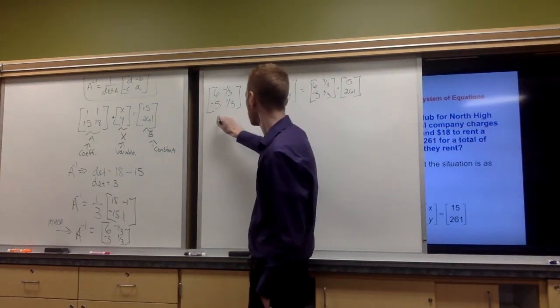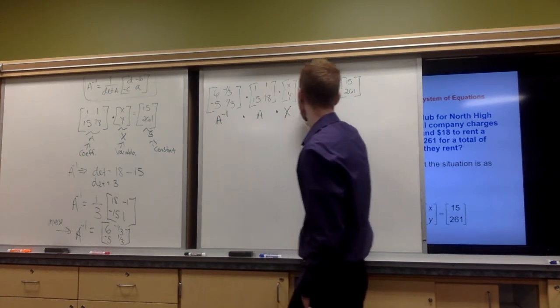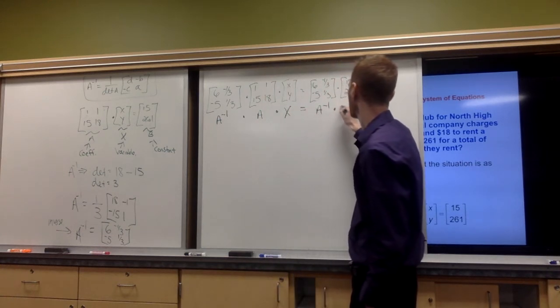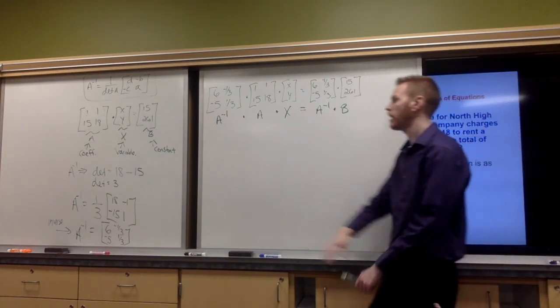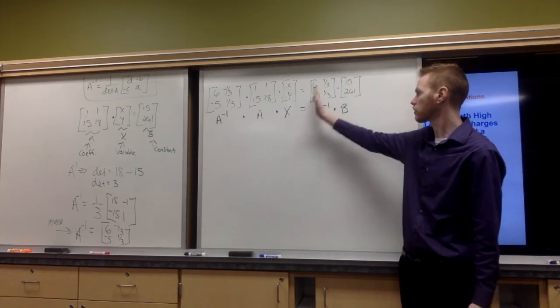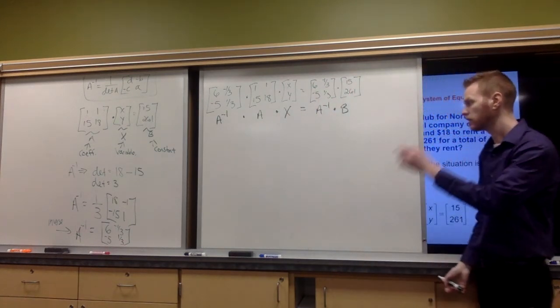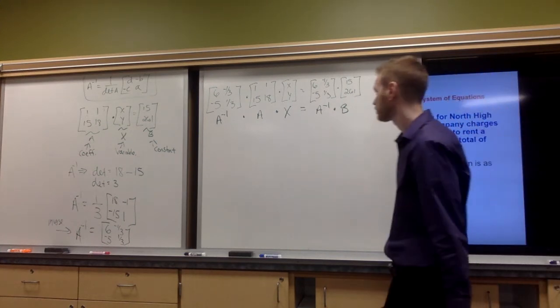So this is the inverse, right? Times A times X equals the inverse times B. Be careful. You see how I multiply the inverse to the left of this? I can do the same thing over here, multiply to the left of that guy. Okay? You can't switch the order or else it's not going to work. That just comes down to matrix multiplication, right?